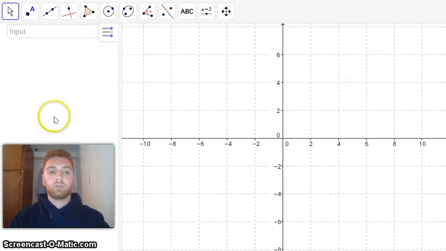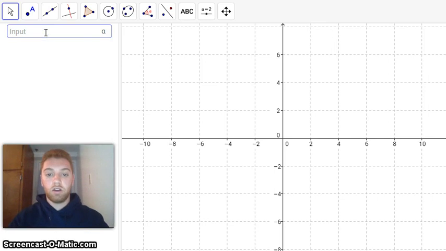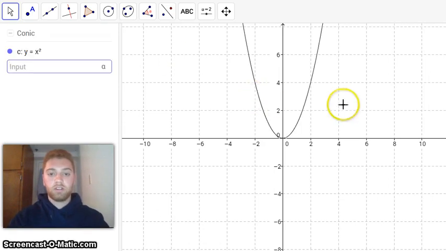And now what we'll be doing is a basic function where it is the base of x squared. So y equals x squared. Now you see this is the base graph.